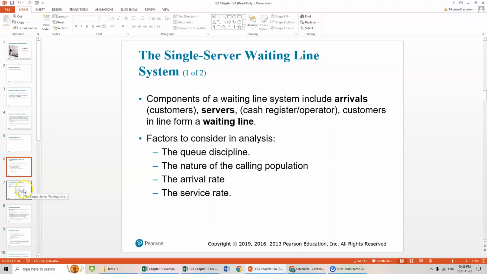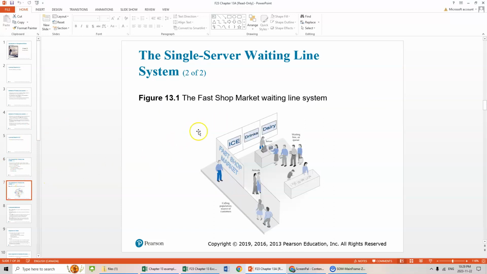So we look at the example in your textbook, the Fast Shop Market waiting line system. We have customers on the outside, known as the calling population. They're the source of customers. Customers arriving, the arrival rate, customers being served, the service rate, and customers in line or in the queue, and then the total number of customers in the system.